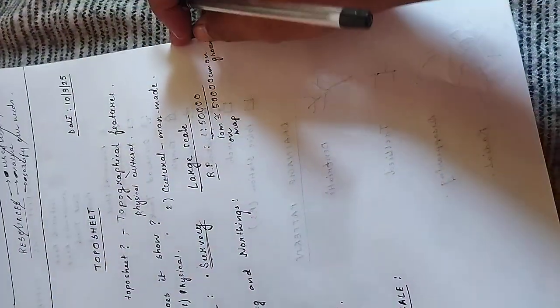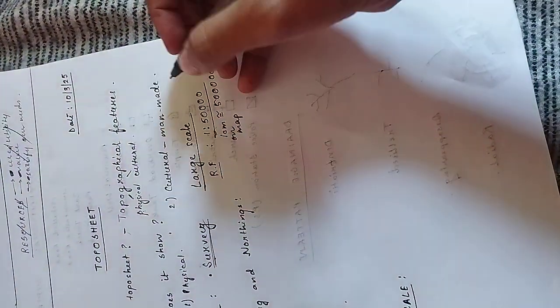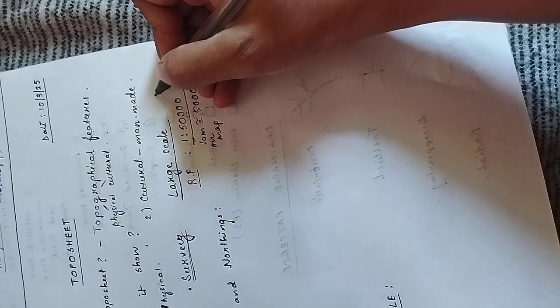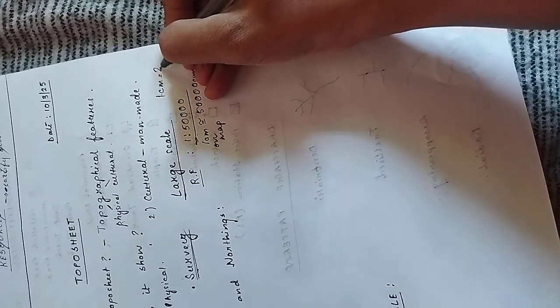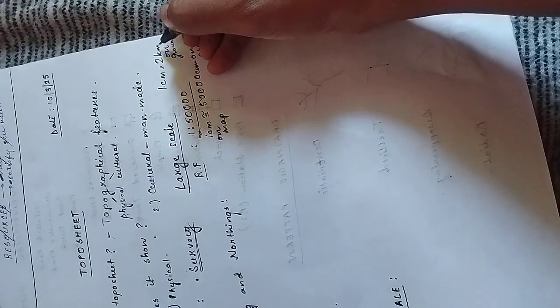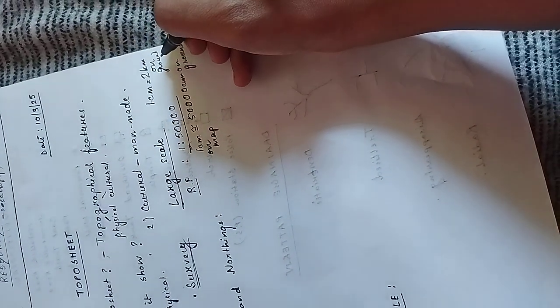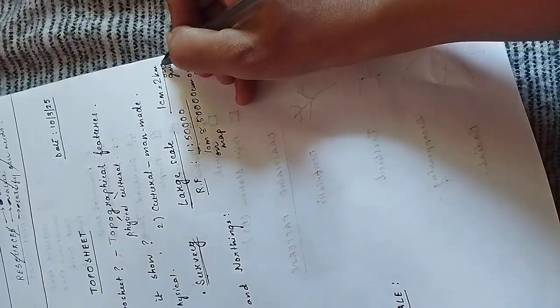This is the scale of the map. Since the 50,000 value is difficult to calculate, we can convert it and say that 1 centimeter represents 0.5 kilometer on the ground. This is the scale we will consider in finding the distance of a particular feature that we see on the map.